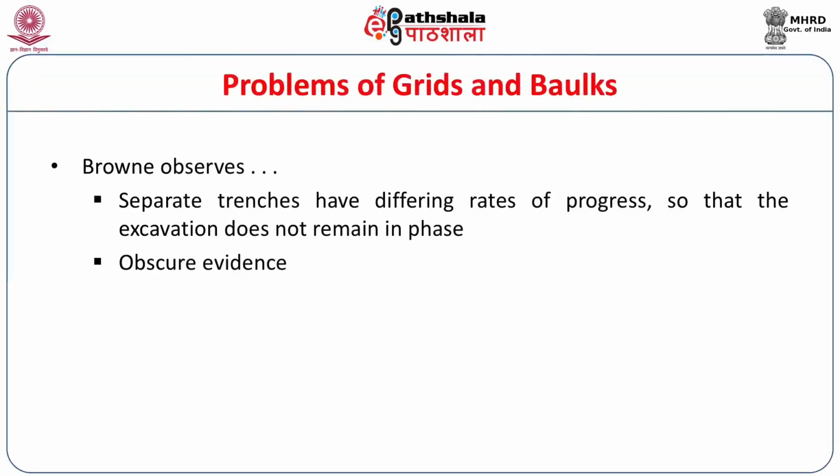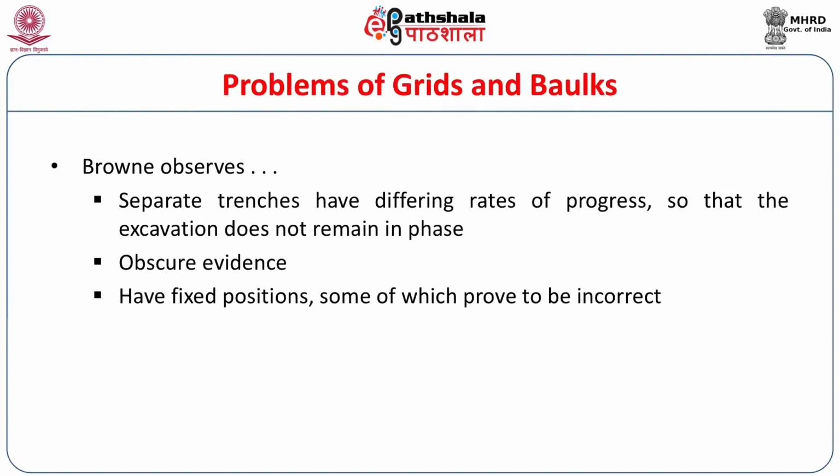He also says that it obscures the evidence, and the baulks may not be in the correct placing. These things may move and there could be some error in the laying out. There may also be a lack of coordination between the different squares, grids or trenches that are excavated.